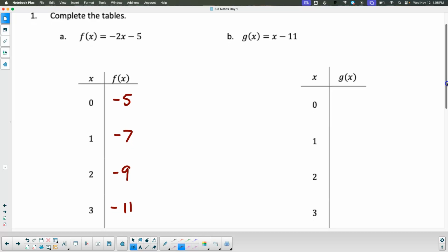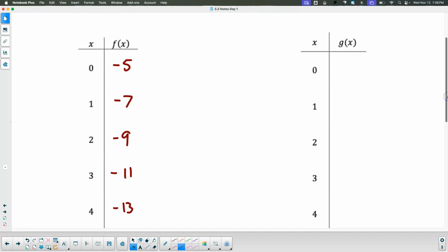On the other one, x minus 11, so that would be -11 there, -10, -9, -8, and -7. Agree with me on those? Yes. Okay. Really, you only need to put 1 in there, and then you could have used the slope to get the other ones.